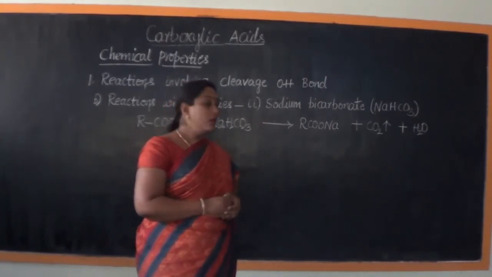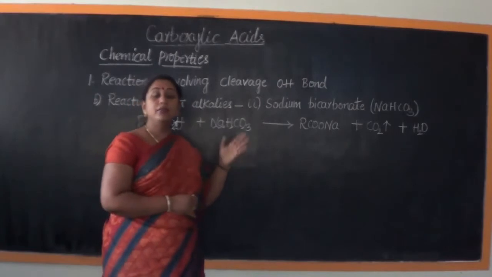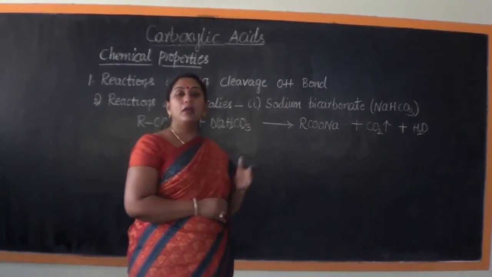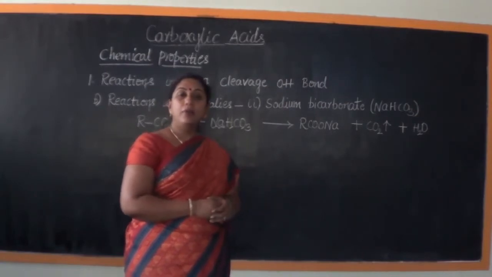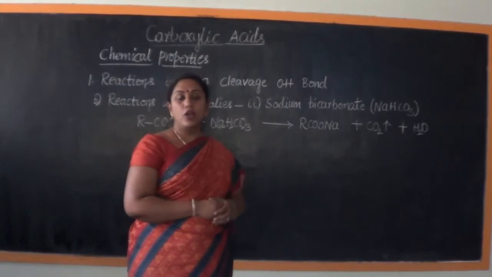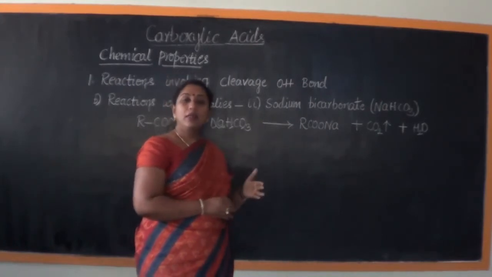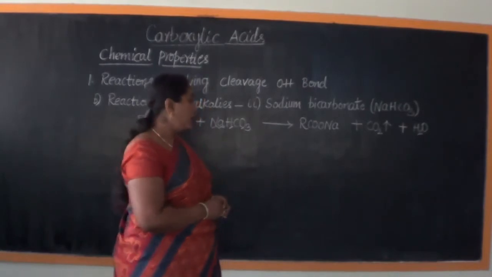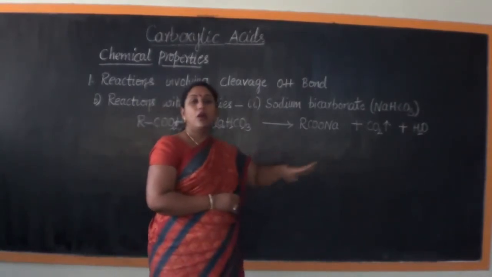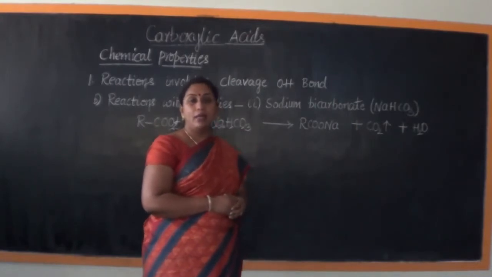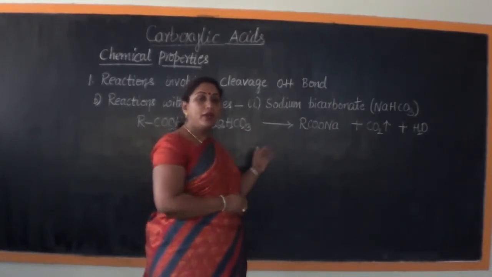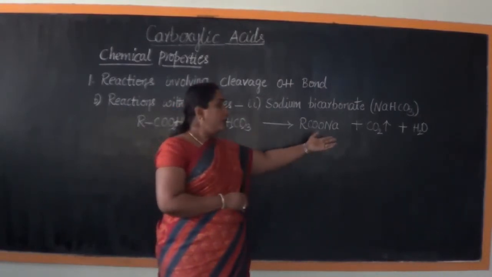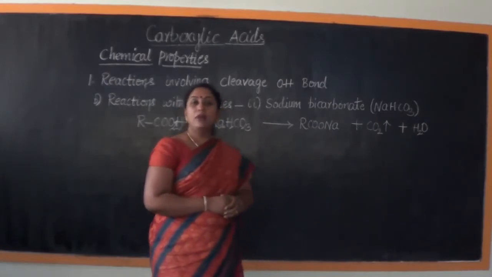So therefore, this is used as a distinguishing test for us to find out the presence of the carboxyl group and whether the given compound is a carboxylic acid or not. Because only carboxylic acid is having enough acidic strength to release carbon dioxide from the compounds of carbonates and bicarbonates. If we treat carboxylic acid with sodium bicarbonate, we find there is a release of carbon dioxide.